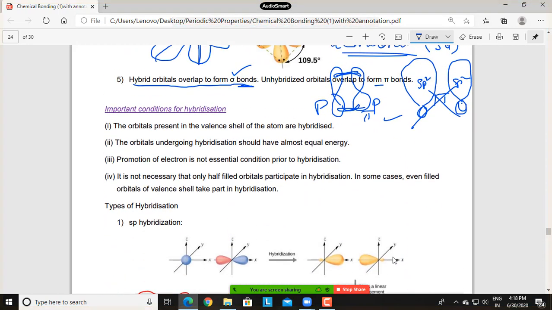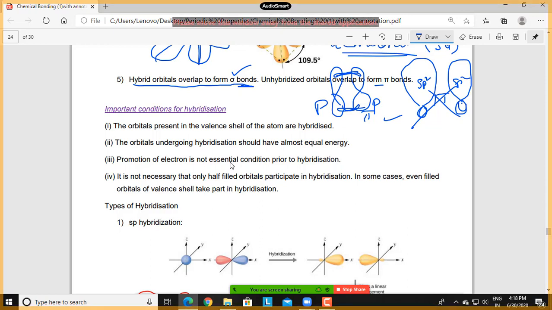Next, important conditions for hybridization. The conditions required for hybridization. The first condition is that the orbitals present in the valency shell of the atom are hybridized. Only valency shell orbitals get hybridized, not the inner shell electrons.